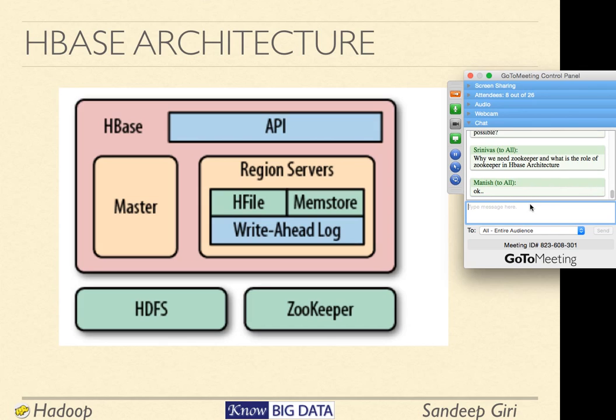So you have a big table, you start storing in a single region, and the region server is indirectly storing that particular section of the data in the file system, which is HDFS. As the table keeps growing, the region server splits that data into two parts, and then there will be two machines storing the single table, one for one region and the other for the other region.